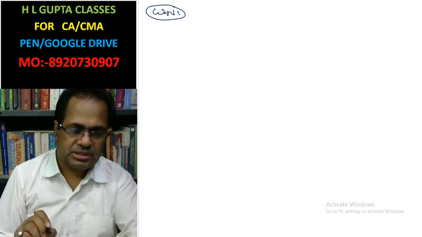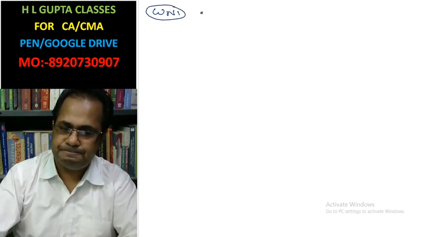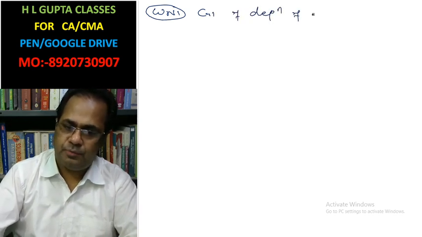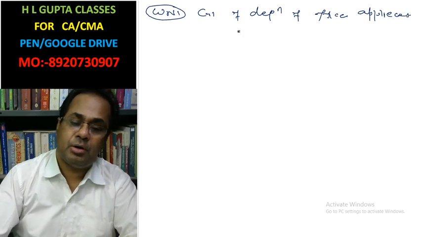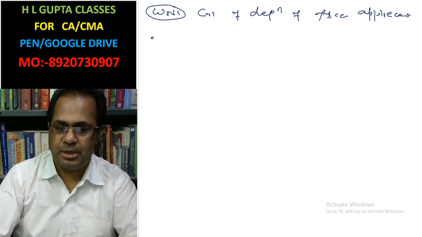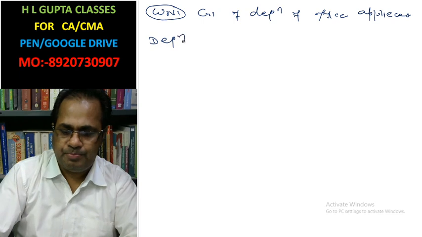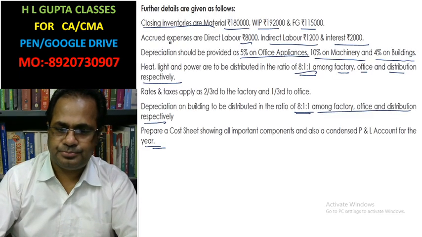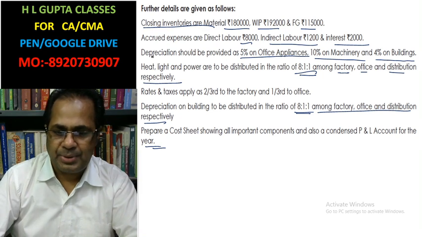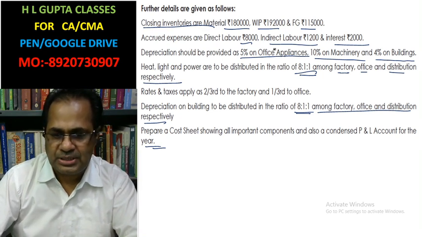Calculation of depreciation of office appliances. This will go in office and administrative overhead. Look at here, the information is given. Depreciation should be provided at 5% of office appliances.